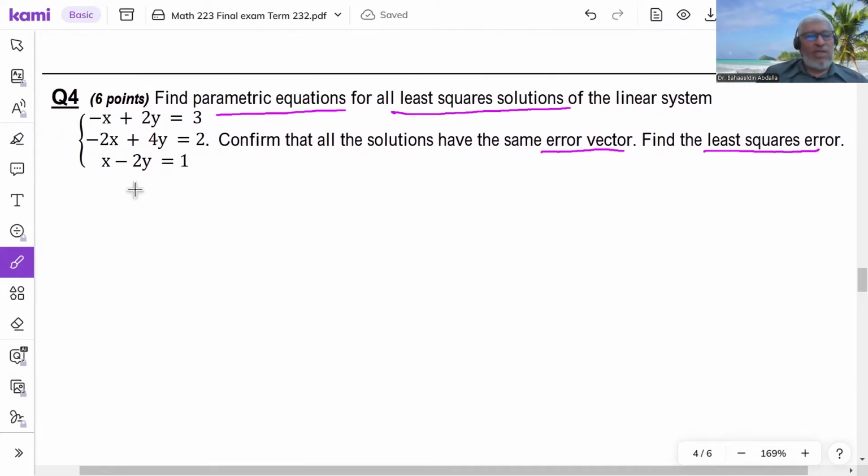So I need to write this system in the form AX equals B. So A would be negative 1, negative 2, 1, coefficients of x, coefficients of y.